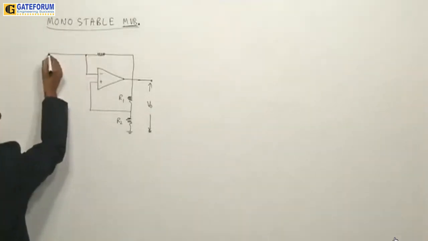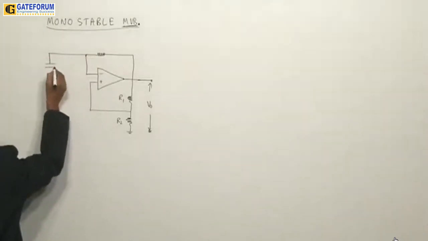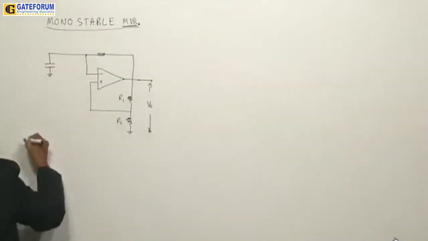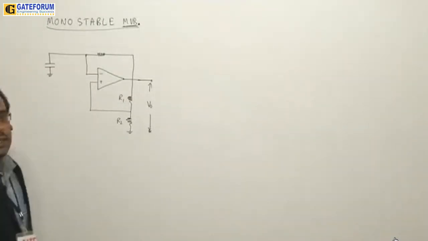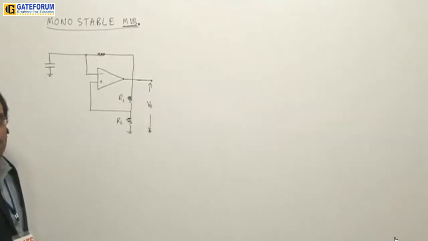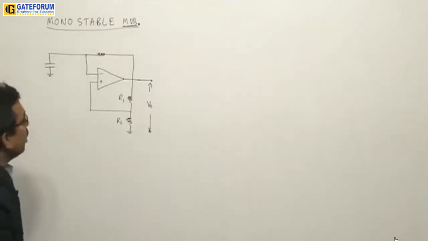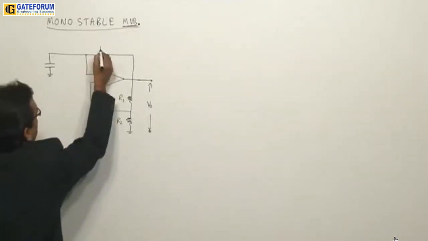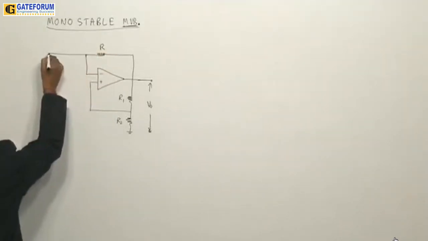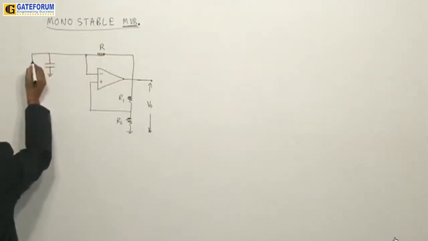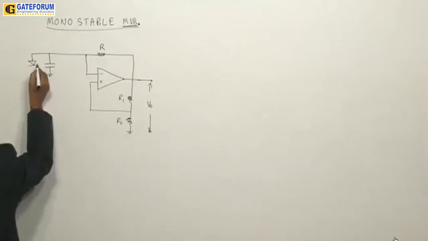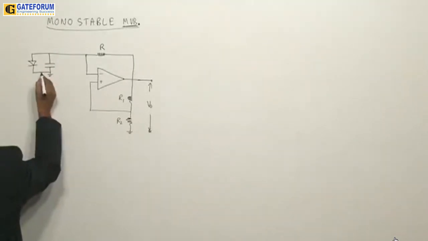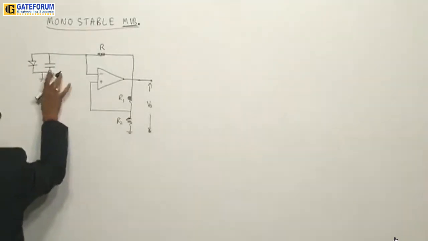Now, yesterday we have taken one capacitor like this and taken it to the ground. So this is astable multivibrator circuit, yesterday what we have taken. Okay. Now to this astable multivibrator circuit, to make it work as a monostable multivibrator circuit, now we are going to take one diode in shunt with this capacitor.